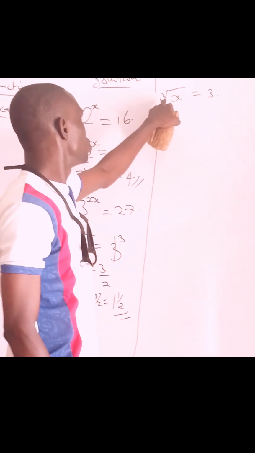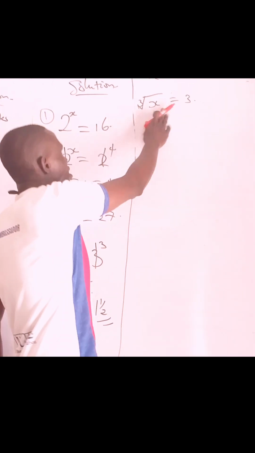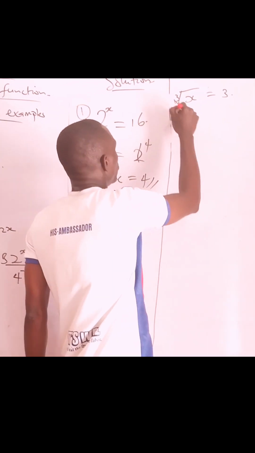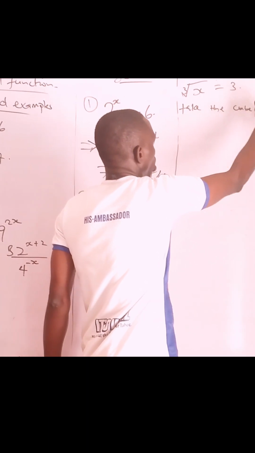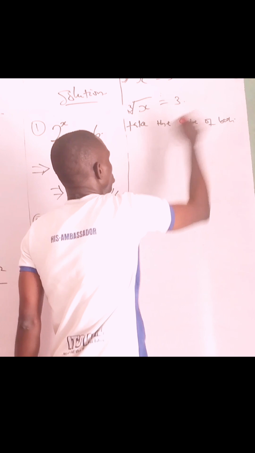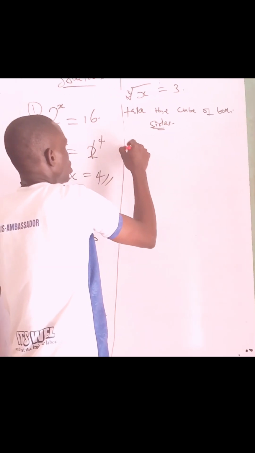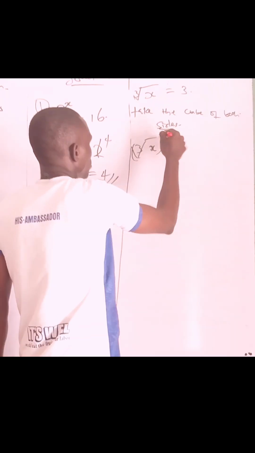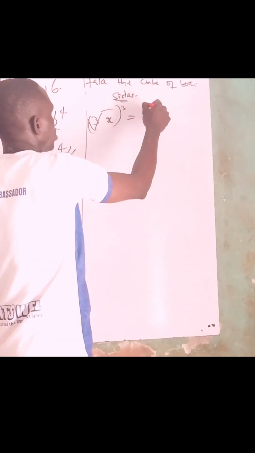When you have the cube root of x equal to 3, the next thing is that you find the cube of both sides. So we take the cube of both sides, so that will be the cube root of x raised to the power of 3 and the cube of 3.